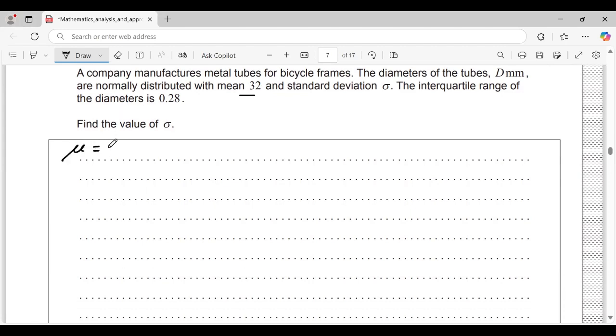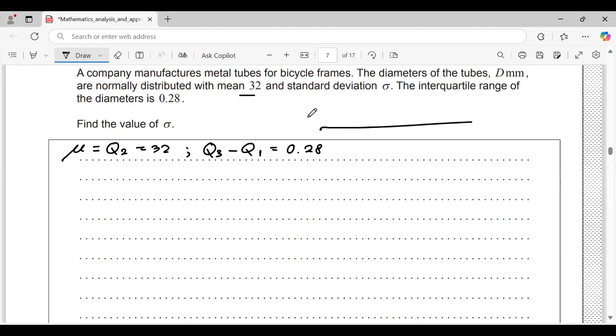The mu equal second quartile, and it is 32 according to this information. And the interquartile range is 0.28. It means the third quartile minus the first quartile is 0.28.